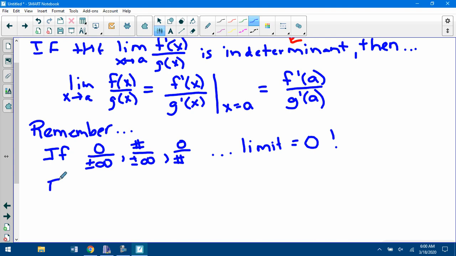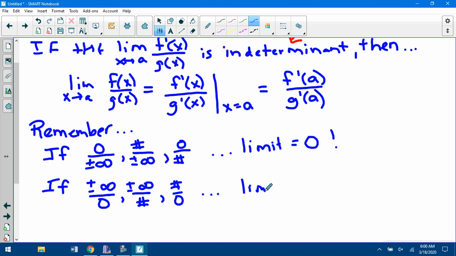Also, if you have plus or minus infinity over 0, or if you have plus or minus infinity over a number, or if you have a number over 0, what would those limits be? Because they're not indeterminate. Again, maybe the last one's the most common.